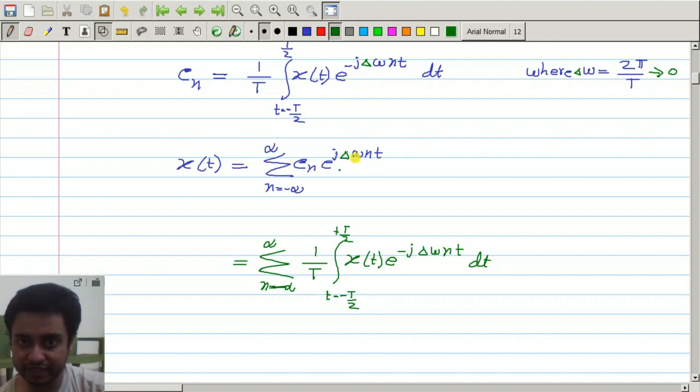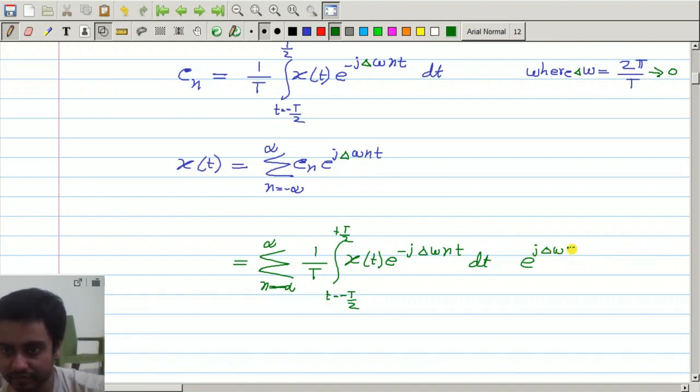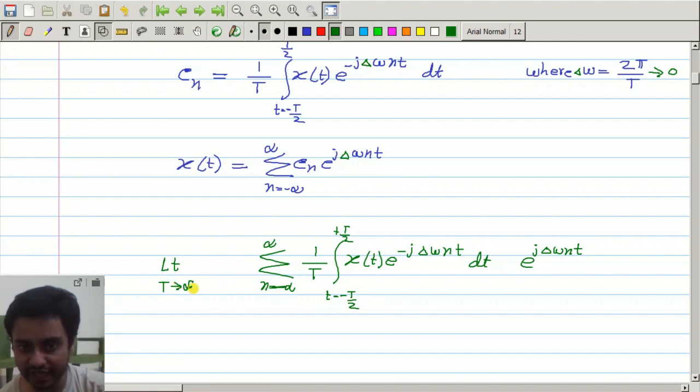After that I have this e to the power j delta omega n t. Also let me put here the limit T tends to infinity and delta omega tends to 0. This is x of t.